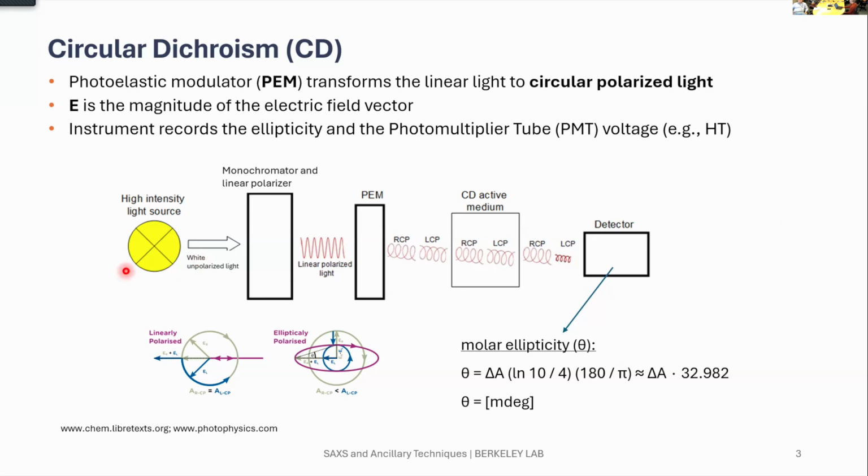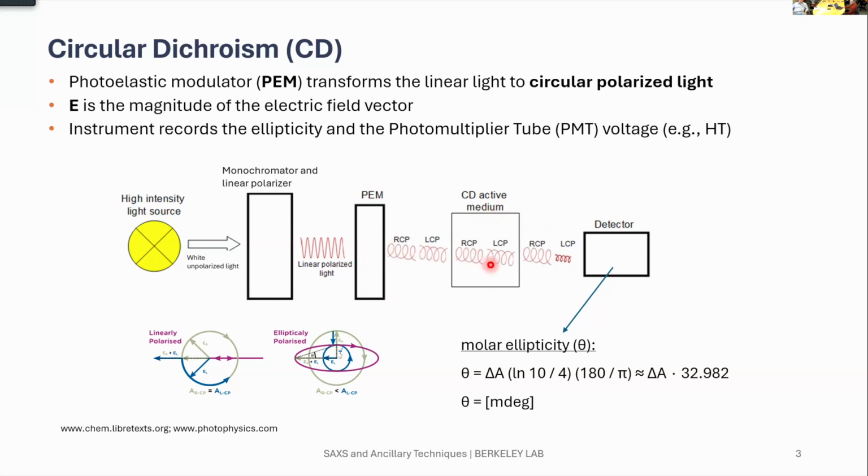So we have a light source. That light beam goes through a monochromator. We are getting linear polarized light. Then a special part of the circular polarimeter, which is called a photoelastic modulator, gives us two types of circular polarized light. So right and left circular polarized lights are coming from this modulator.